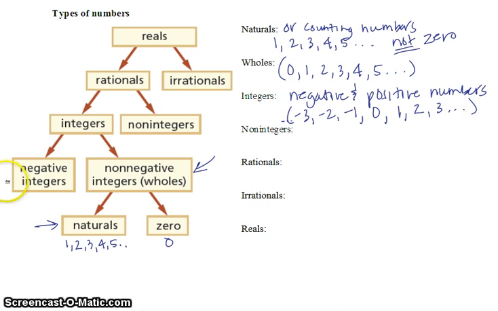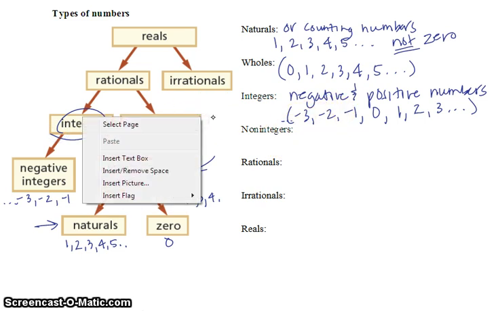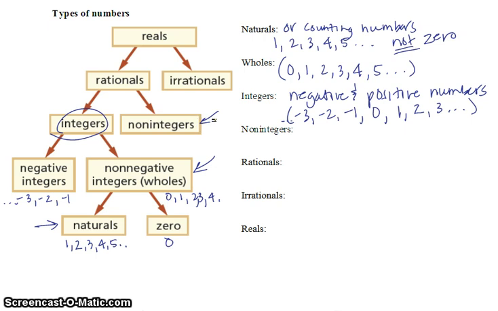So we have talked about negative integers would be that -3, -2, -1. Non-negative integers would be like 0, 1, 2, 3, 4, and so on. That moves us up to integers, which we just talked about. That's including negative and positive. Non-integers over here on the right. They have digits to the right of the decimal place.